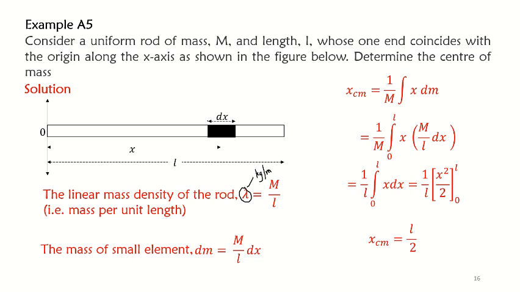For a small part called ds, if you check the diagram, this small part falls at ds. Remember the rod was uniform. The question says a uniform rod. So the mass of that part will be the product of the linear mass density and the length of the little portion cut off.